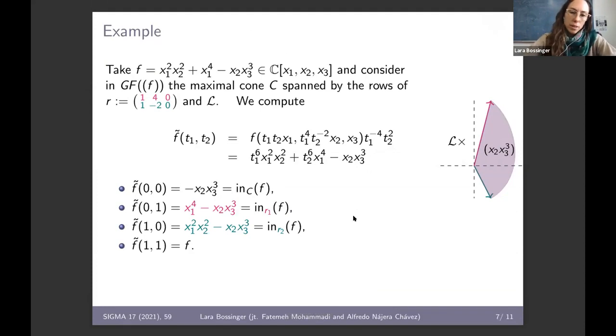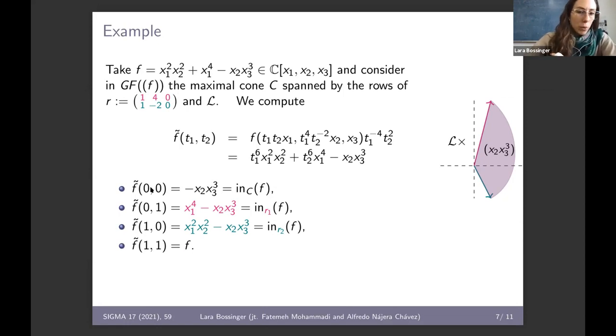And now the key point of this construction is the following. If I now vary T1 and T2, remember, I think of them as deformation parameters. If I vary their values between 0 and 1, I interpolate between the ideal, or in this case just the polynomial f, and its initial forms that are associated with all the faces that appear in my cone. So for example, if I evaluate at 1 for the t's, I just get back f.